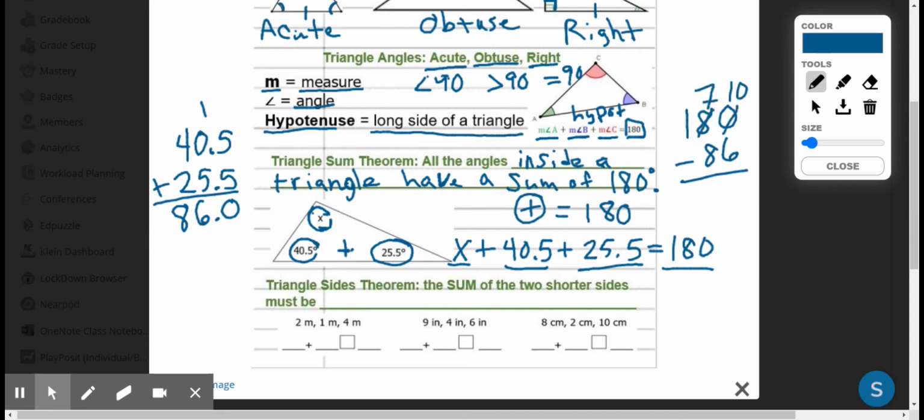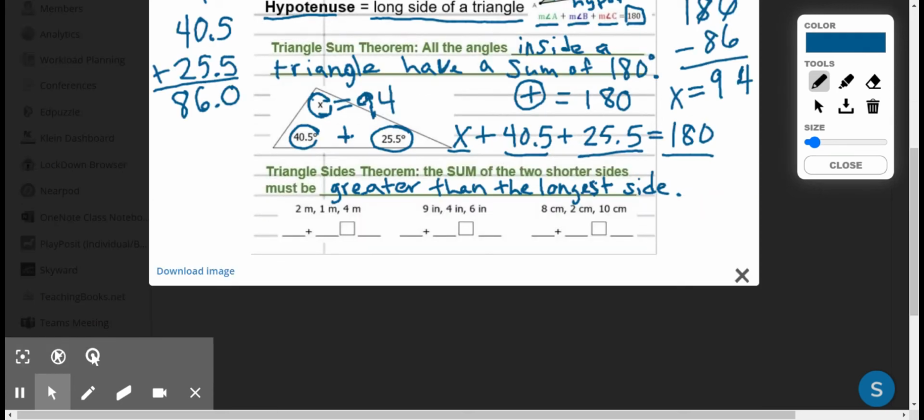So 10 minus 6 is 4, and 17 minus 8 is 9. So that is our missing angle, where x equals 94. So the missing angle over here is 94 degrees.